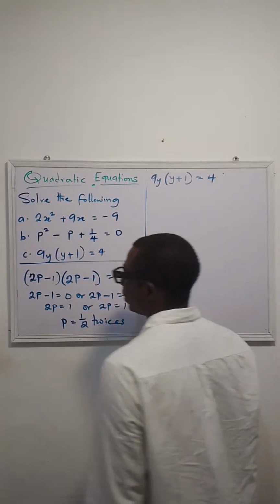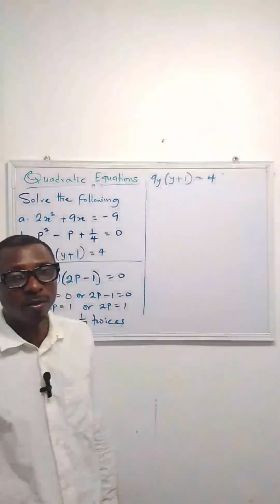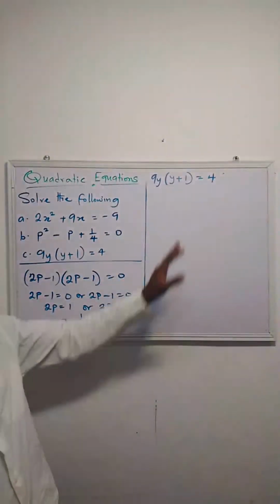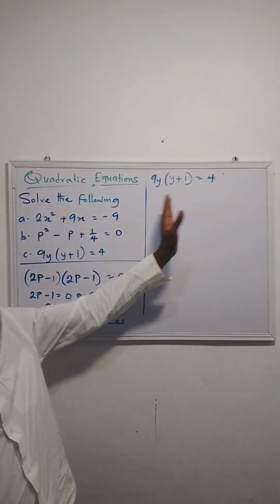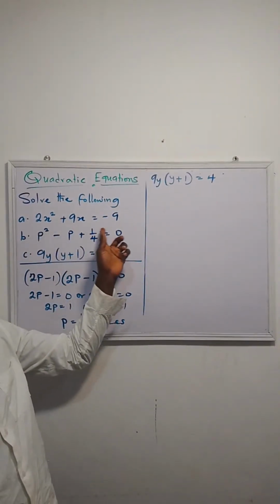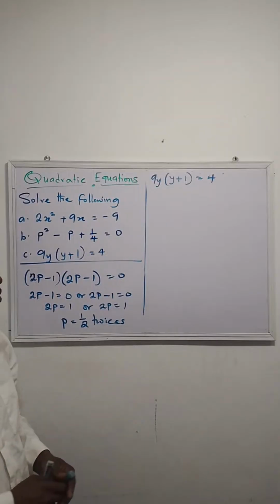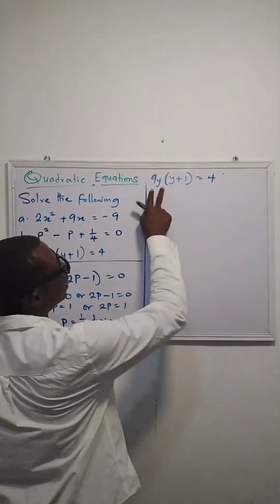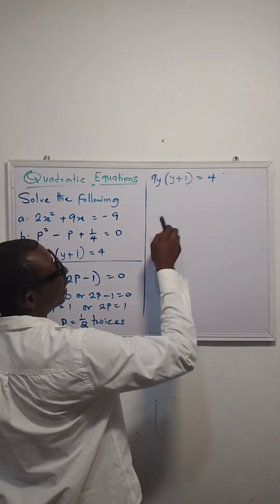Now the first thing is to find a way of expressing this equation in this format. So let's do that. We use 9y to multiply this y.